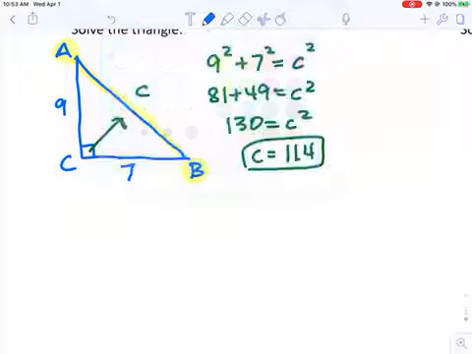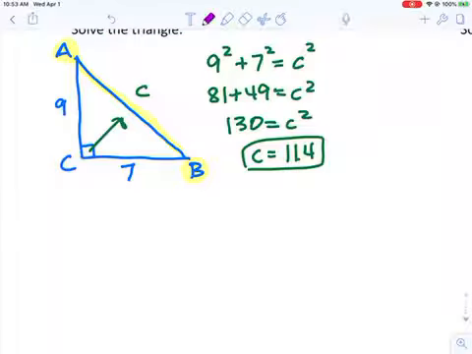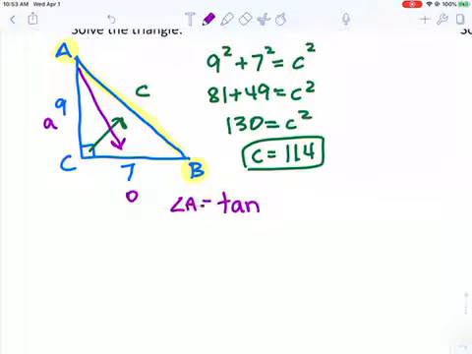And then to find angle A, we have opposite and adjacent, so that's the tangent function, and you have to use the inverse tangent, opposite over adjacent.